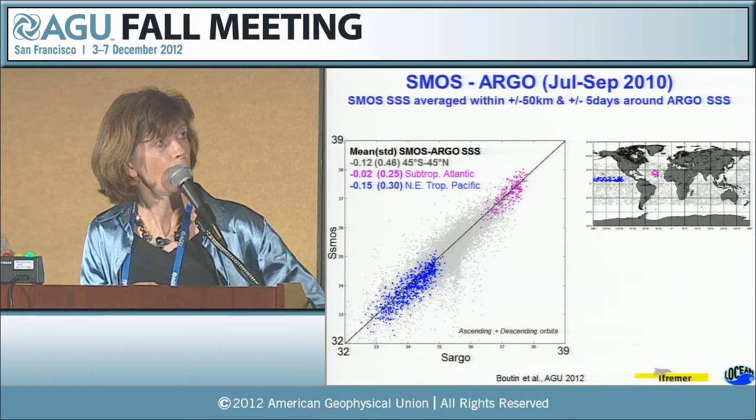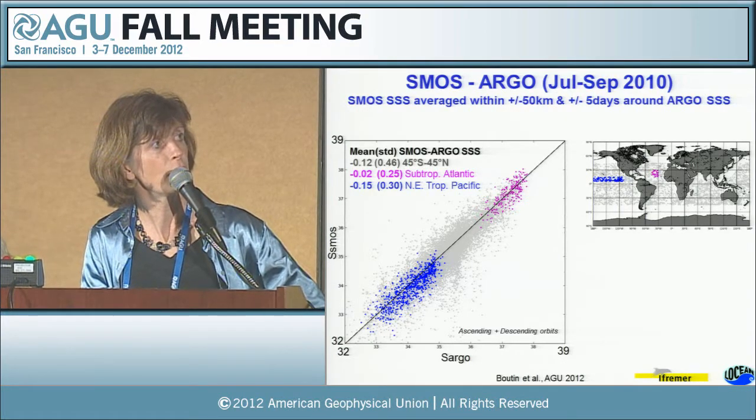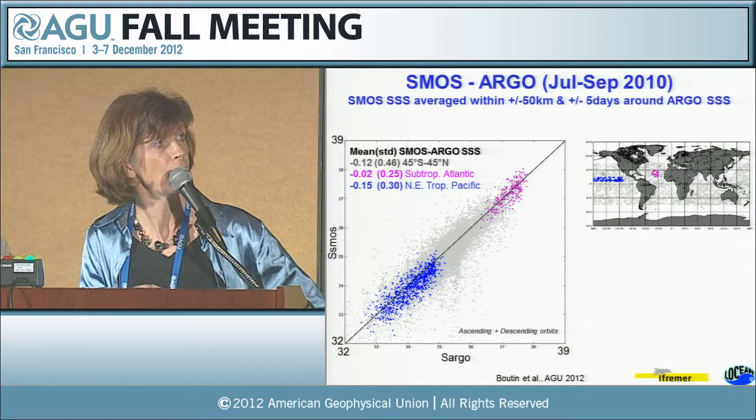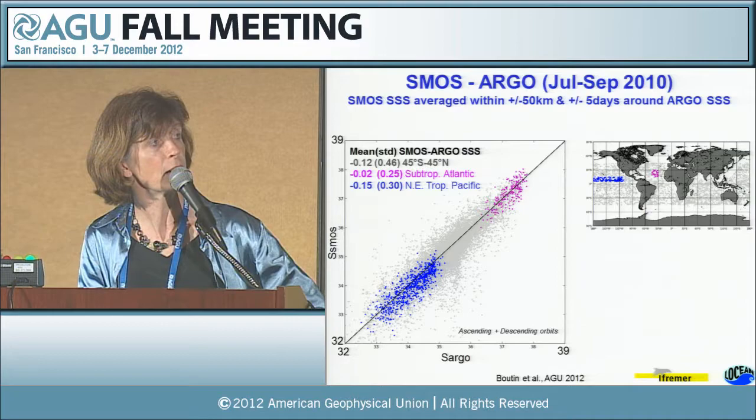So then we decided to concentrate on smaller regions far away from large land masses, and here I present 2 comparisons, one done in the SPURS region in the subtropical Atlantic Ocean, and one in the northeast tropical Pacific Ocean that contains the ITCZ region.